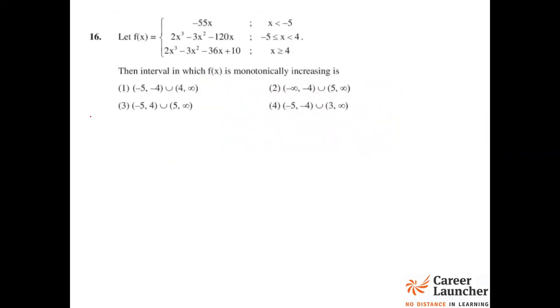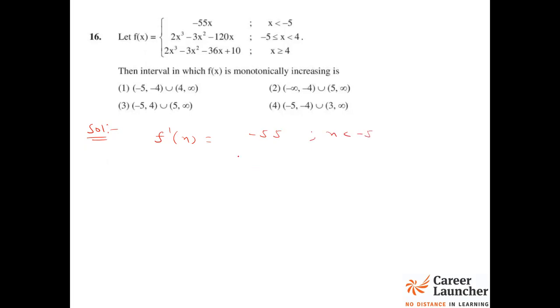Next, question 16. f of x is given. We need to find the interval in which the function is increasing. So for that, find f dash of x. Differentiating in all these intervals, it will become minus 55 for x less than minus 5.